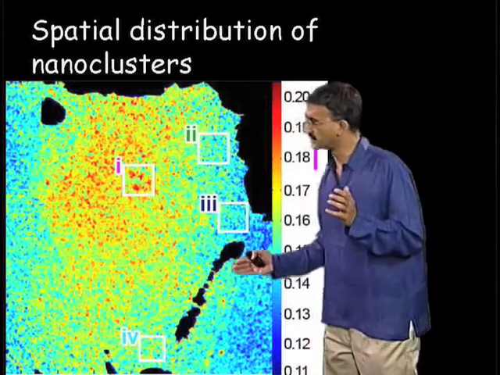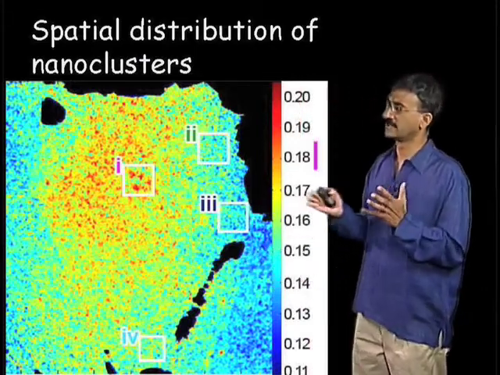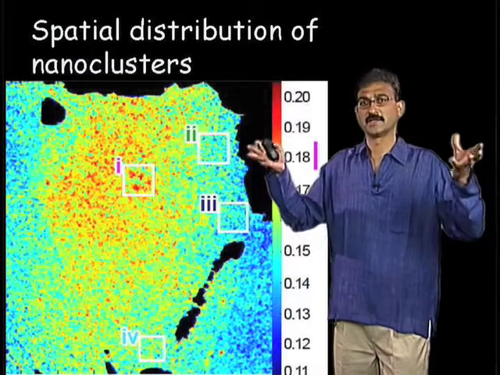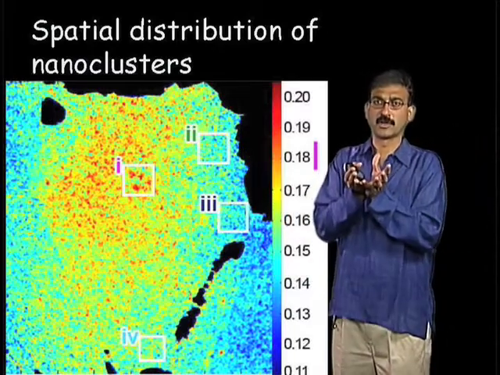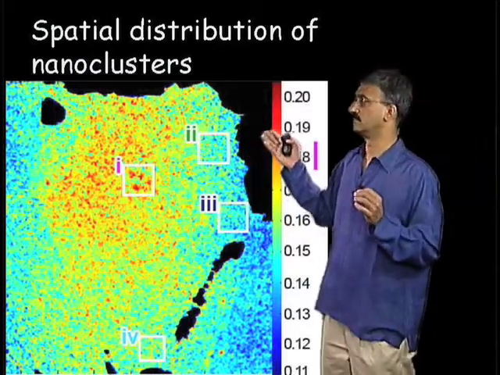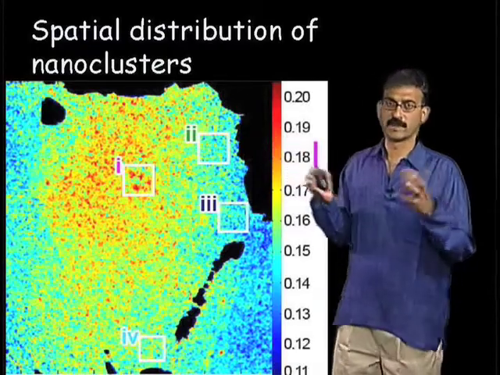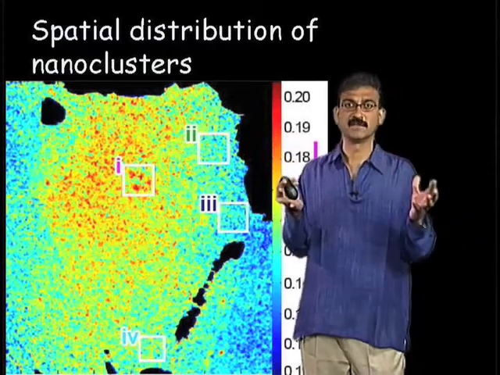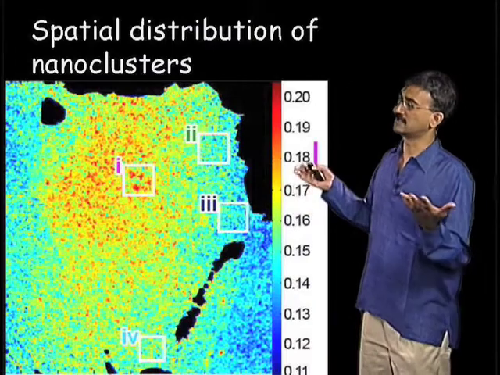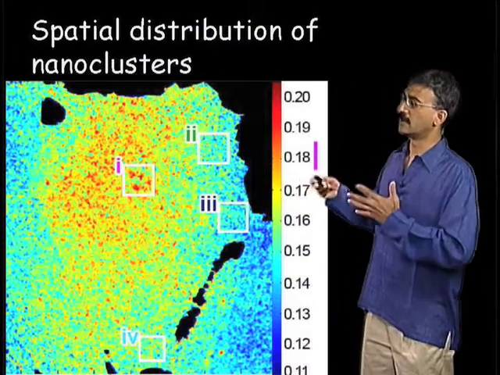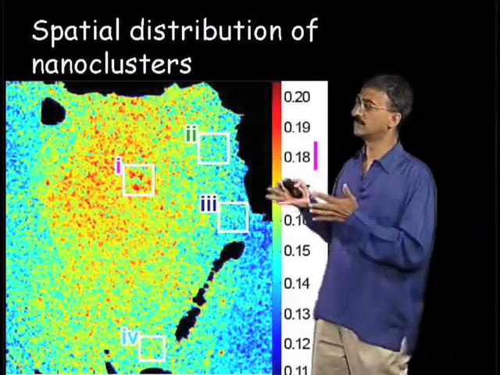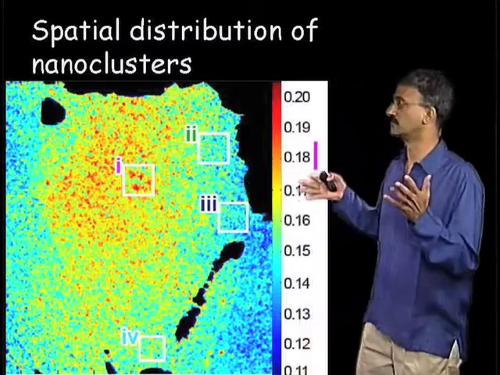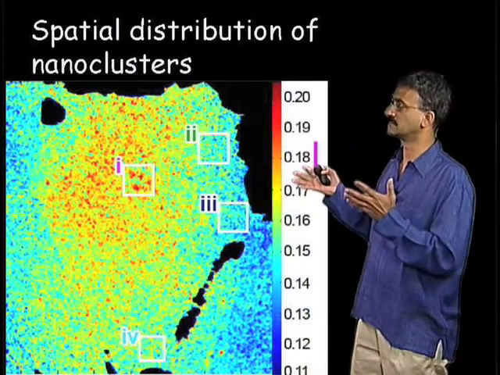The low level of anisotropy, which is the blue signals, indicates regions where there is an enormous amount of FRET going on, and the high level of anisotropy indicates regions where very low levels of FRET is taking place. And what you immediately see is that there are different shades of FRET distributed throughout the cell surface.